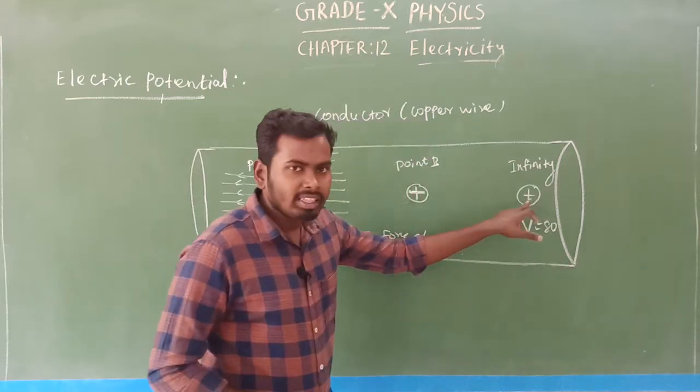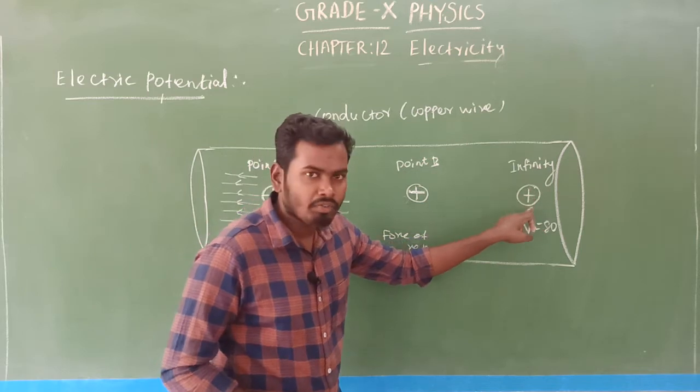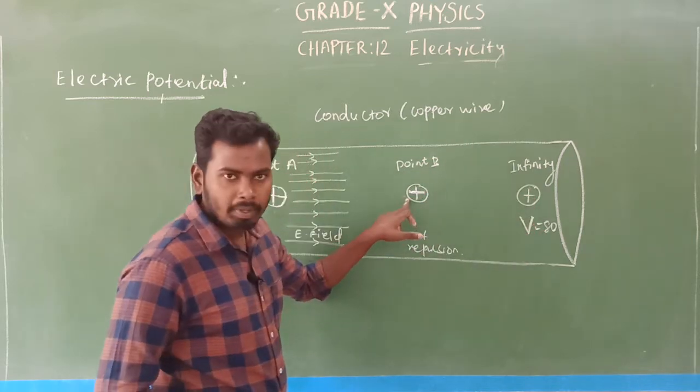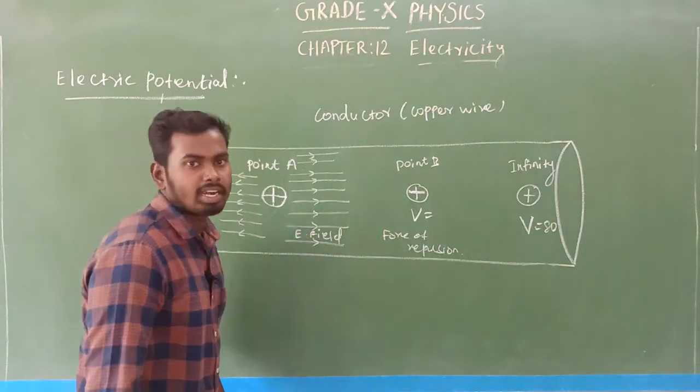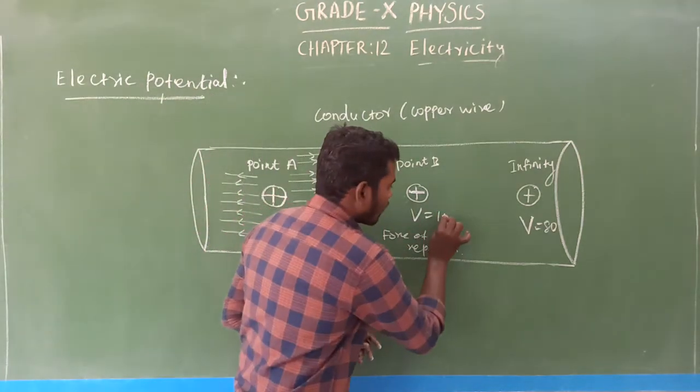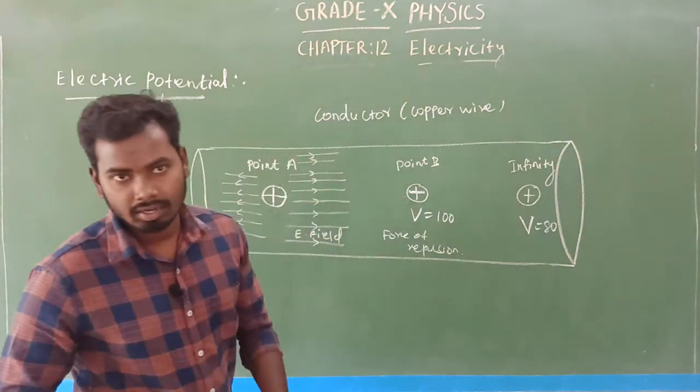So when we bring the positive charge placed at infinity to point B, here the potential will be more. Potential will be more. For example, it will be 100.